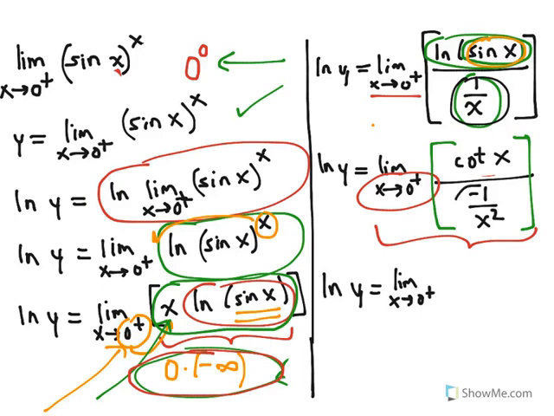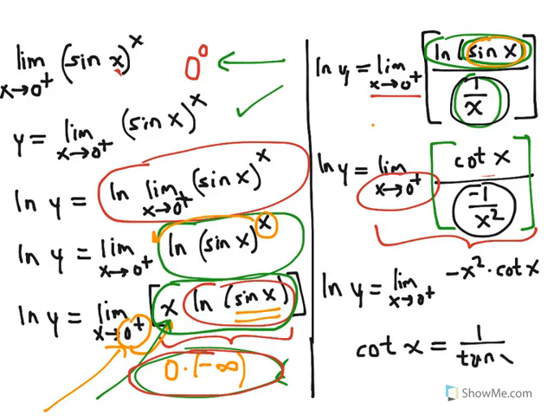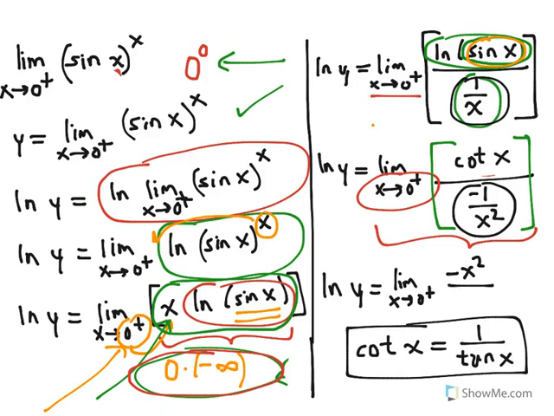Dividing by negative 1 over x squared is the same as multiplying by its reciprocal, which is negative x squared, and then you have times cotangent x. But you may remember from pre-calculus or trigonometry that cotangent is the reciprocal of the tangent function. So I can rewrite cotangent as 1 over tangent x, and when I do that, I will have this.